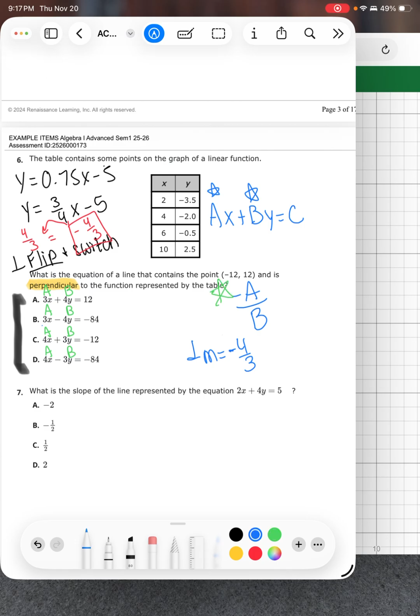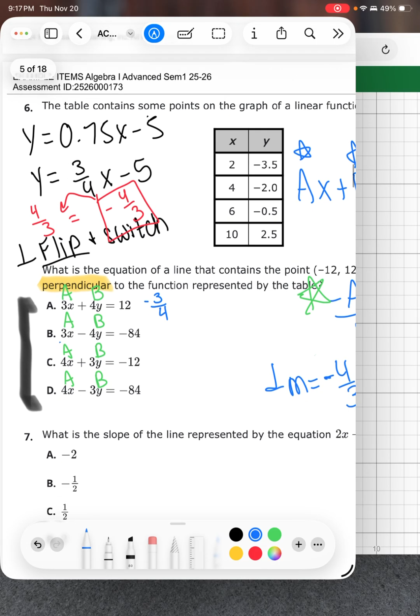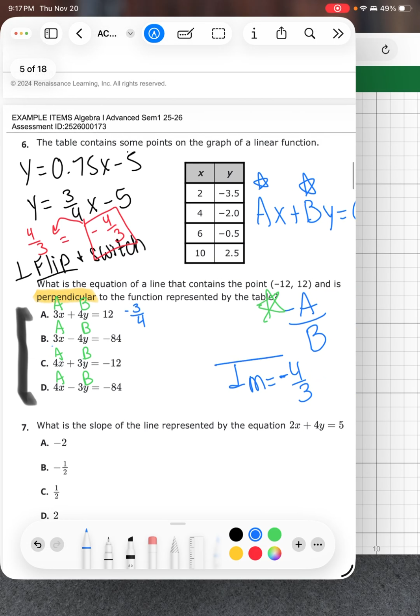So this first one here, if I change the a value, which is 3, make it negative and put it over my b value, 4, I get -3/4, which does not match, so that's not my answer. Okay, next one, same thing. I have -3, this time over -4, which would give me +3/4. That also does not match.